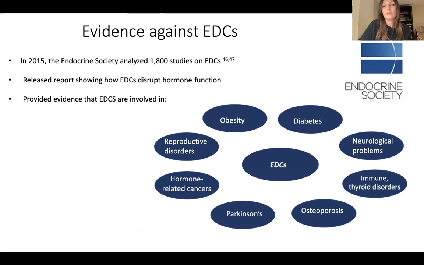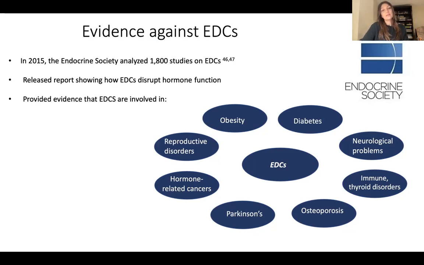So there's been a lot of evidence emerging in recent years about the adverse effects of endocrine disruptors, especially at low doses. So in 2015, the Endocrine Society analyzed over 1,800 studies on endocrine disruptors and released a report showing how these endocrine disruptors disrupt the function of our hormones.